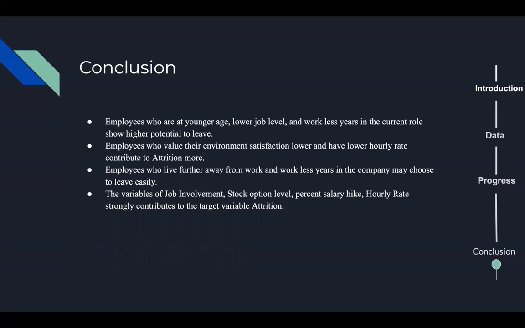Employees who live farther away from work and who have worked fewer years at the current company are also more likely to leave. The variables job involvement, stock option level, percent salary hike, and hourly rate obviously contribute strongly to our target value, which is attrition. Thank you for watching.